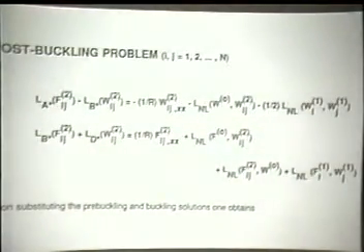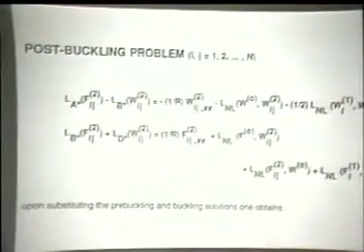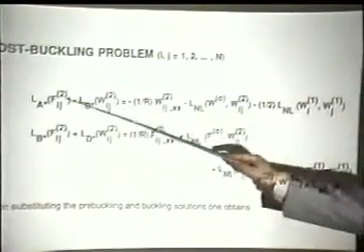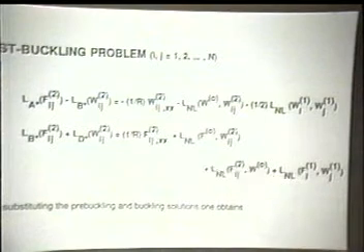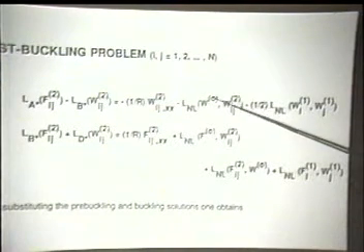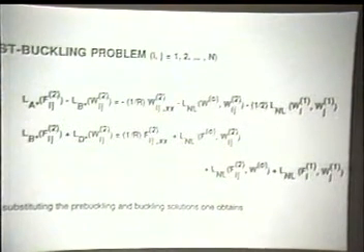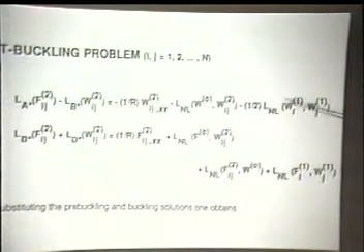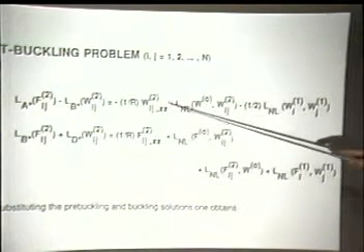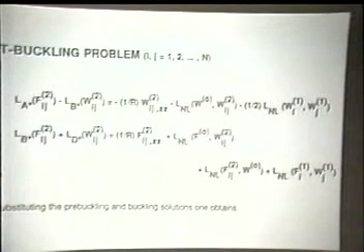Let us look at the post-buckling problem. The same substitution business. You have here the operators for the second order fields, and then at certain locations the pre-buckling solutions come in, and I also pick up parts that have to do with the buckling modes. So essentially the form and shape of the buckling modes have an influence on what type of second order fields I get.